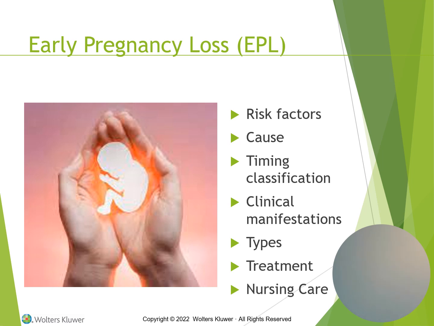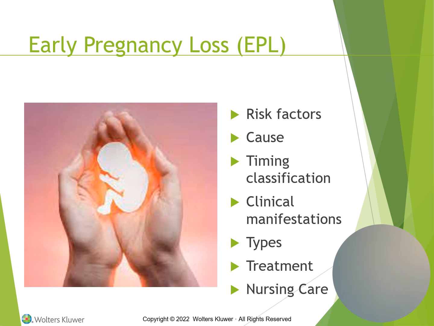As we talked about in a previous presentation, there might be threatened, inevitable, incomplete, complete, missed, or habitual. Table 17.1 talks a little bit more in depth about those different types of abortions.